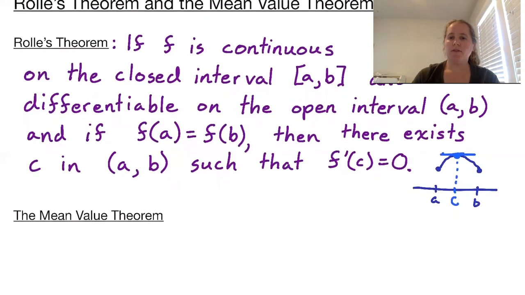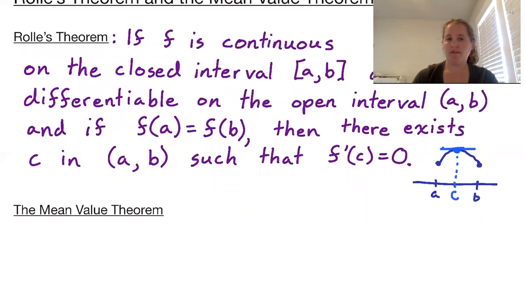All right, the mean value theorem, we get to get rid of that f of A equaling f of B, and we slightly change the derivative we're looking for.